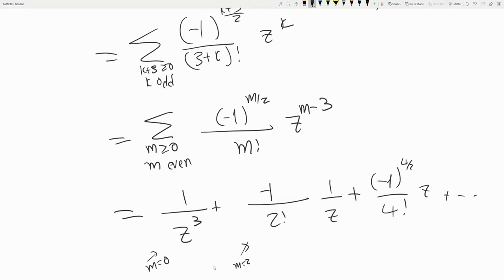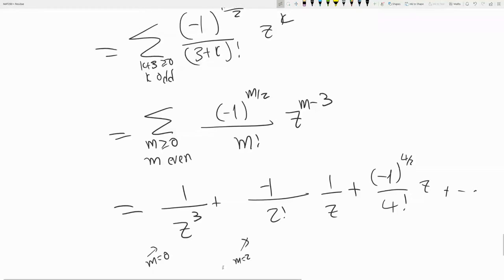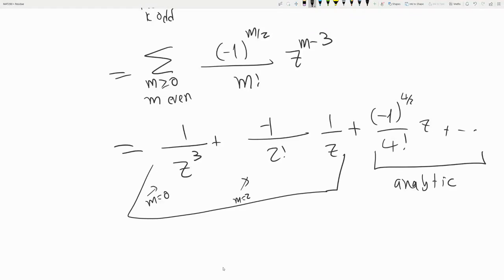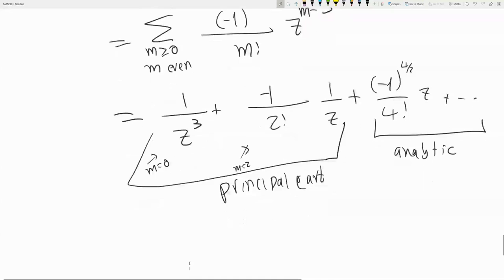Anyhow, so let me scroll down. This part is analytic, and this part will be the principal part. Okay, so that's that.